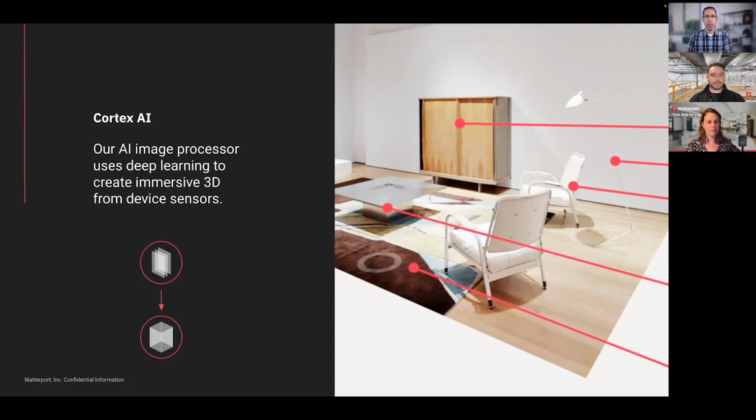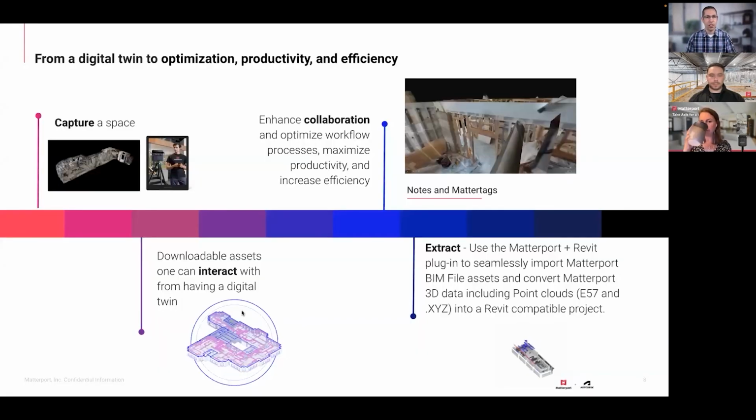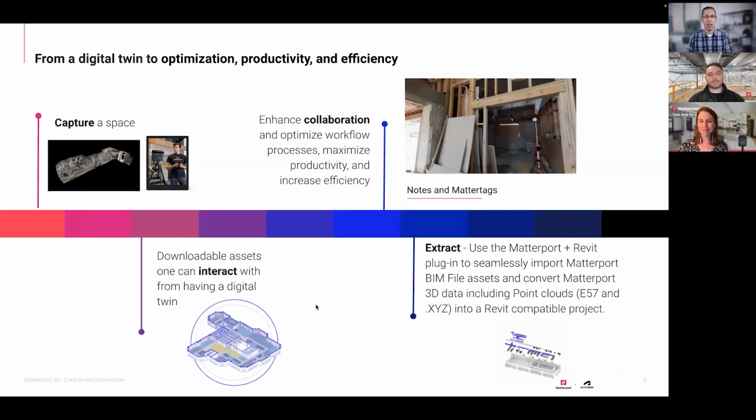If you've never captured a Matterport model before, you're on site, use something like an iPad or iPhone or mobile device. You can use Android. With your connected camera, you collect all that information, and then you send it up to the cloud to be processed. And that goes through our Cortex AI engine, which creates the digital twin. So that's the digital twin.